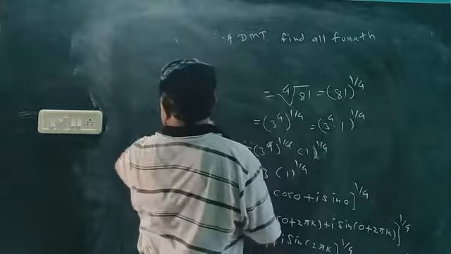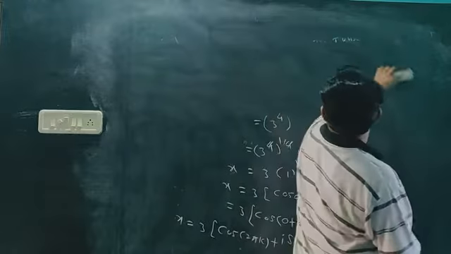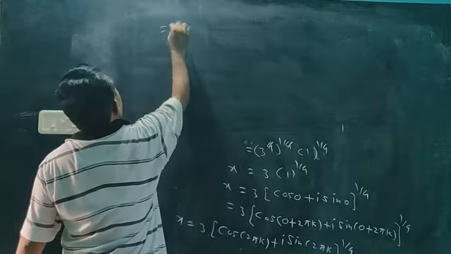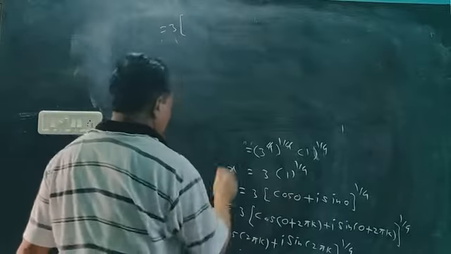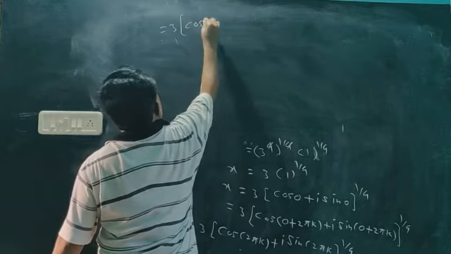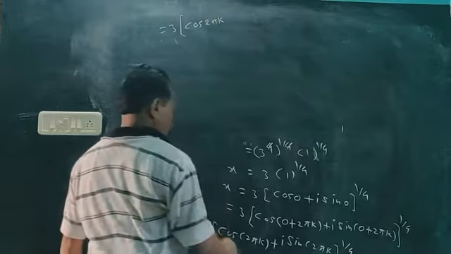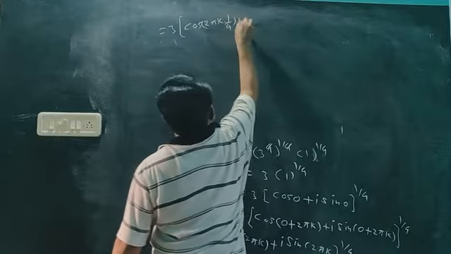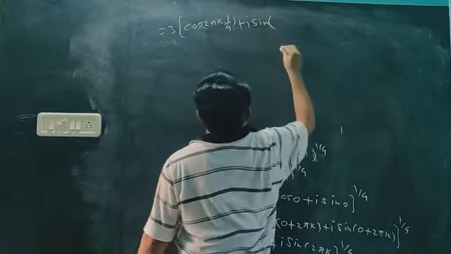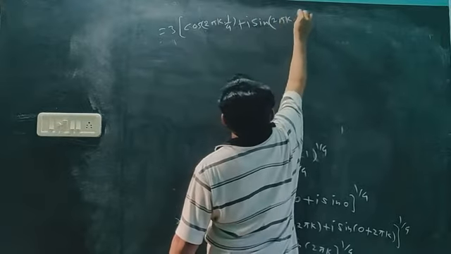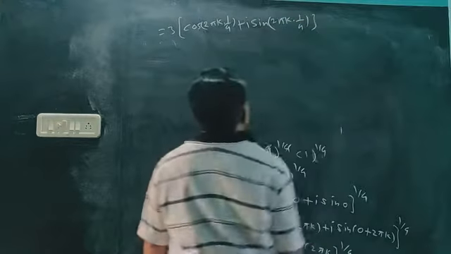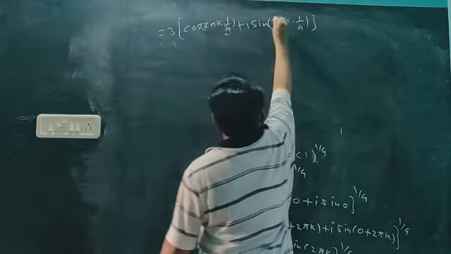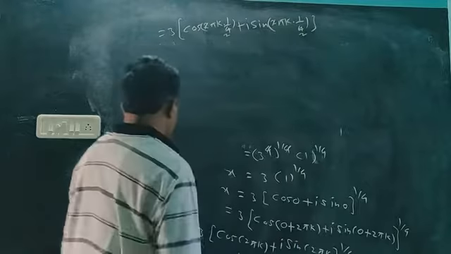Now De Moivre's theorem: cos of n theta. So cos of 2 pi k into 1 by 4, plus I sin 2 pi k into 1 by 4. So the 2 cancels.